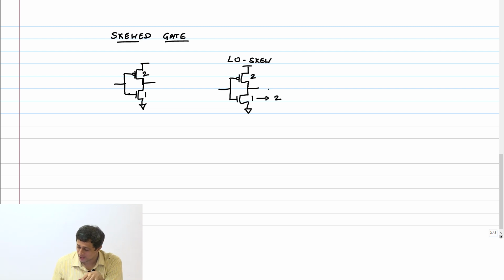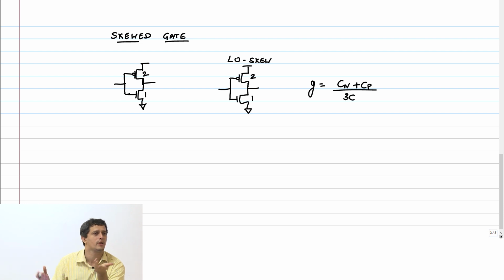Okay, so therefore this is really not possible. Now again, what is the logical effort? It is basically C NMOS plus C PMOS by 3C. Of course, if it's a symmetric inverter, then it's going to be the same. It's going to be 1. Now, I want to improve the logical effort on the falling edge.